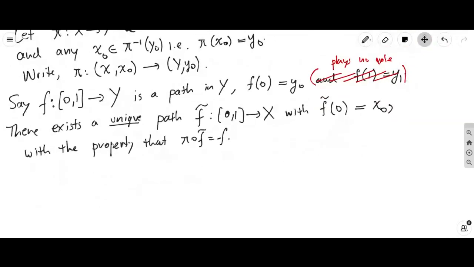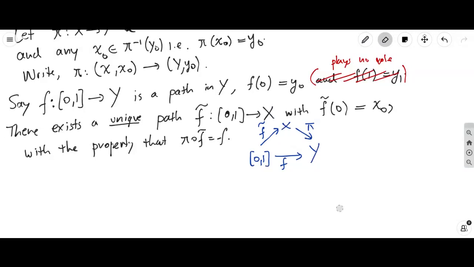Okay, so the picture that people like to draw is, this is Y, this is a path, f, this is your covering space with pi, and you're saying that it's a path in Y, but the path can be lifted up into the covering space. So you can come up with an arrow over here, f tilde, that will make this diagram commute.